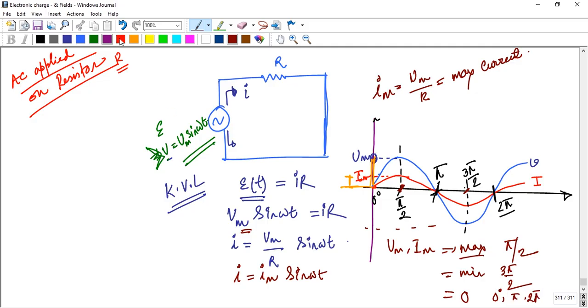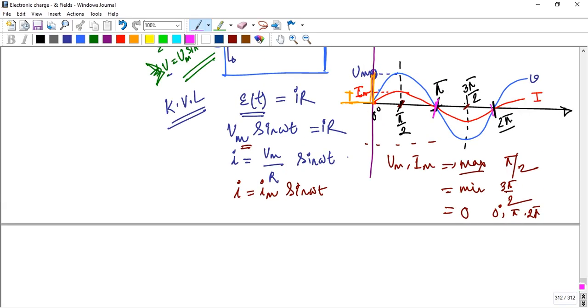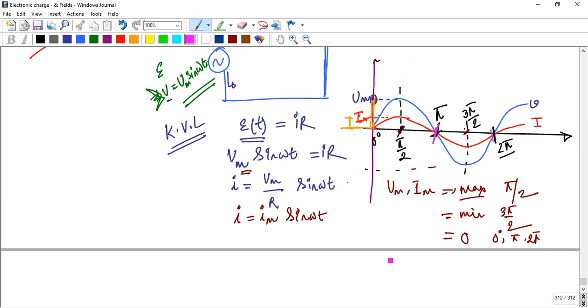So current and voltage are in the same phase. Here you see that current and voltage are in phase.